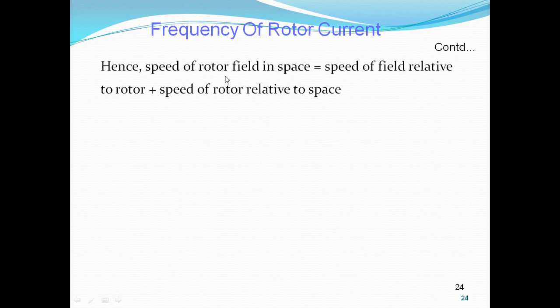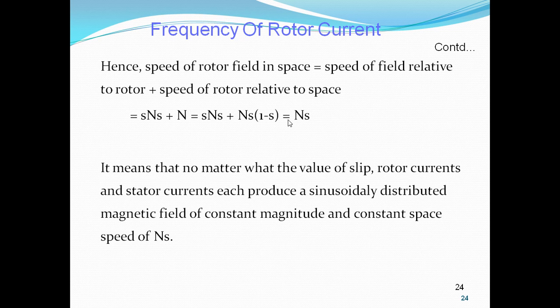Hence, the speed of the rotor field in space is equal to the speed of the field relative to the rotor plus the speed of the rotor relative to space, that is s into ns plus n. This n is the rotor speed. We have the rotor speed formula, n equals ns into (1 minus s). Substitute this, and if you take ns as common, then s and s get cancelled. You will get the synchronous speed.